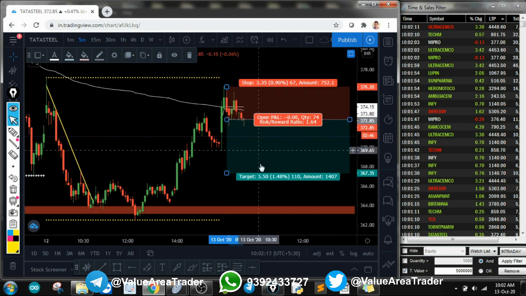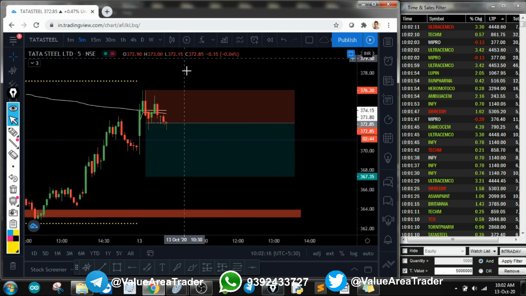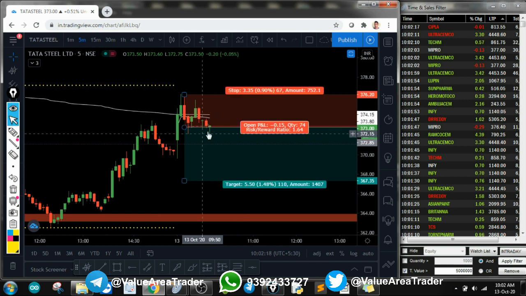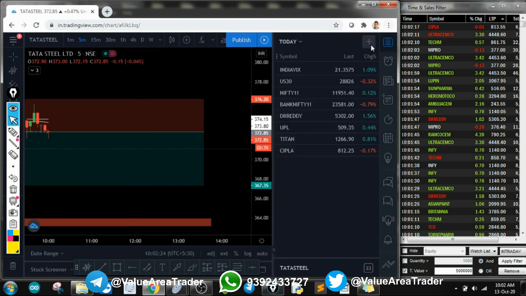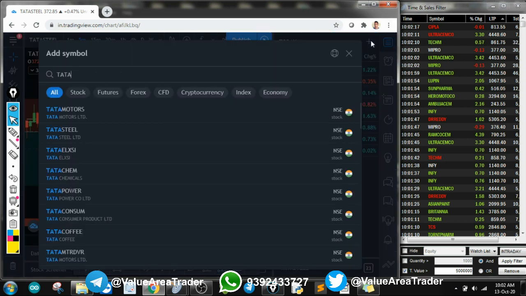So that's a 1.6 risk reward ratio if I enter now. So let's wait for this candle to reach here at the VWAP and then we'll take a trade. So we have, let me add Tata Steel.